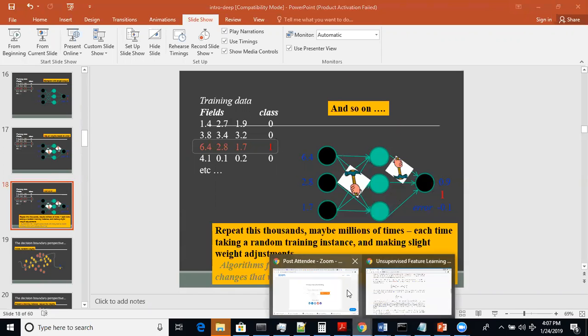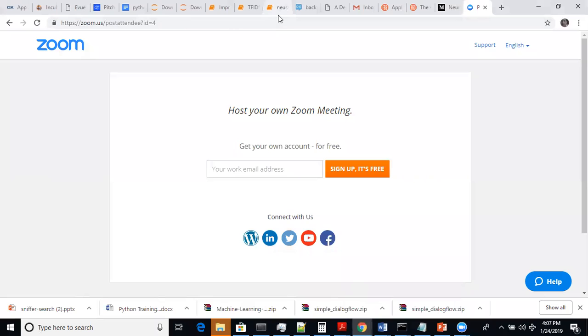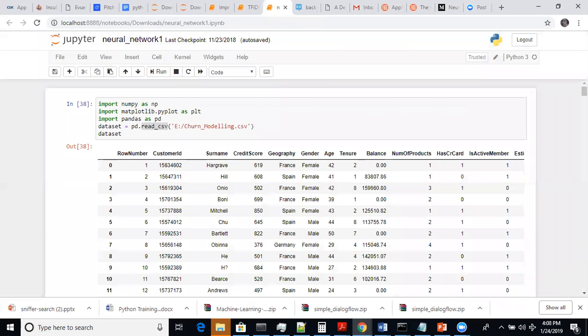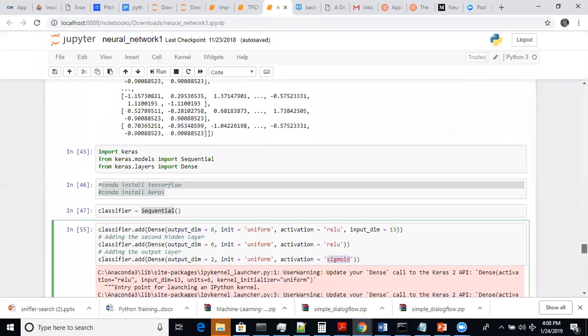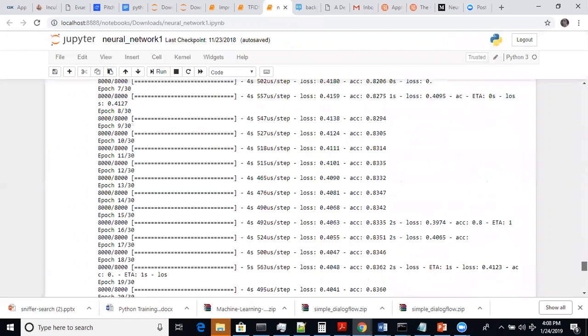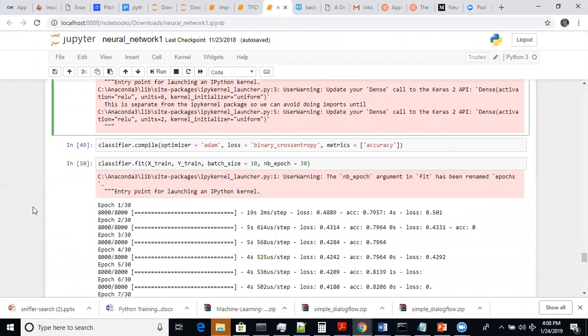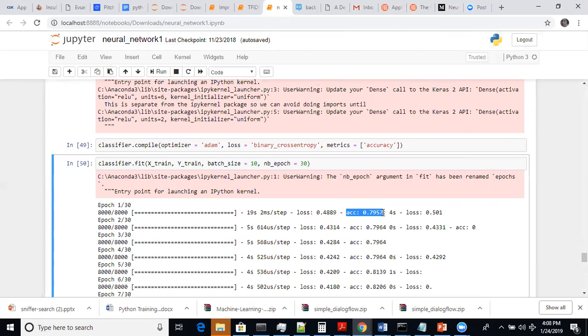If I go back and show you the PPT, so I show you the network, you'll realize that. If you see this one, there were 8,000 sample records. Every time it runs and gives the accuracy and loss. The loss is the mean of the loss, and the accuracy is again the mean.